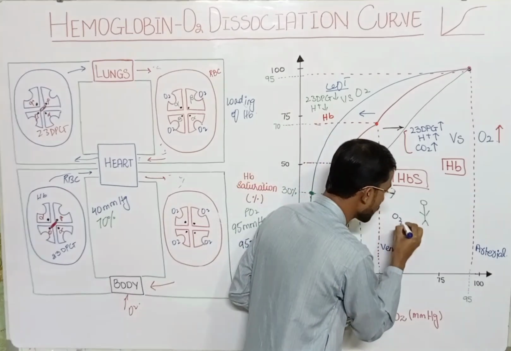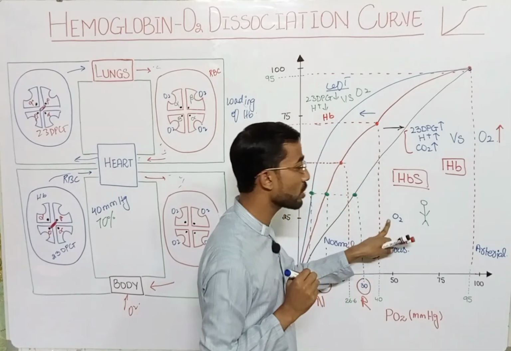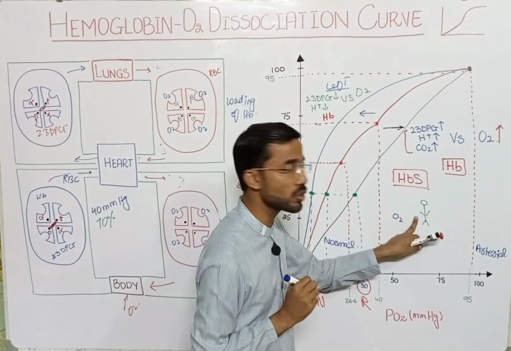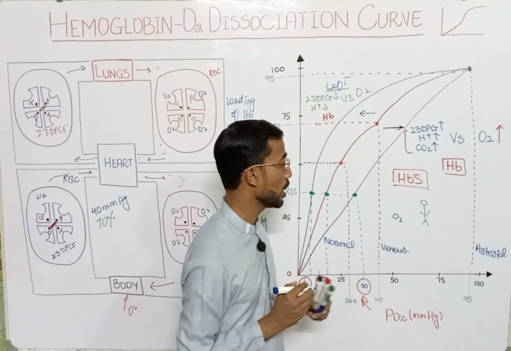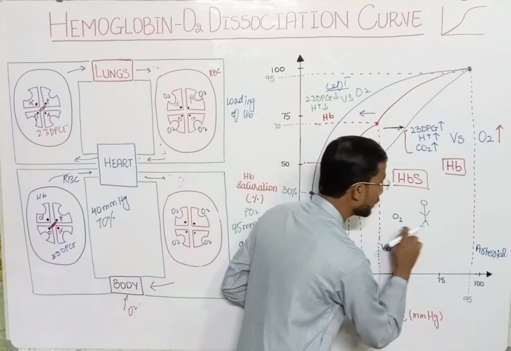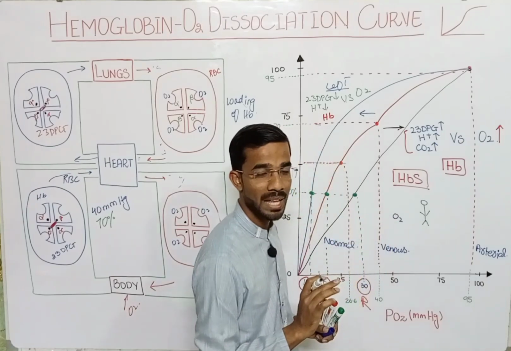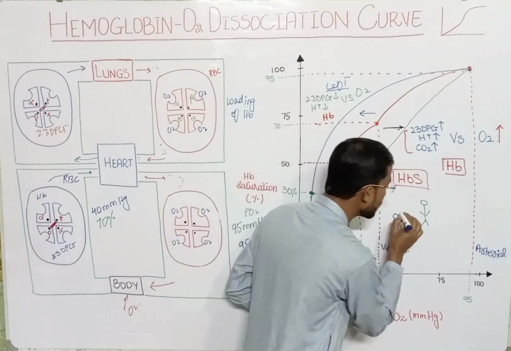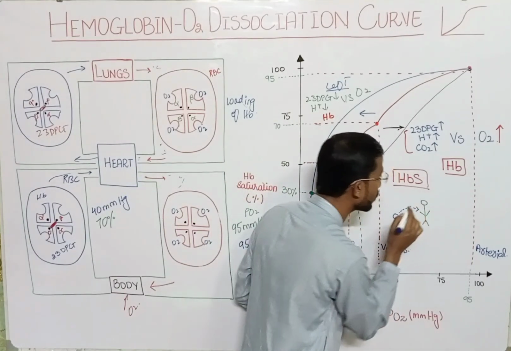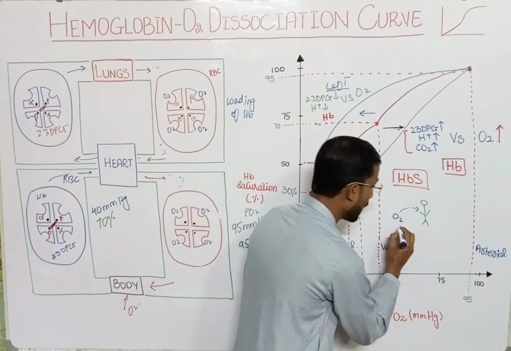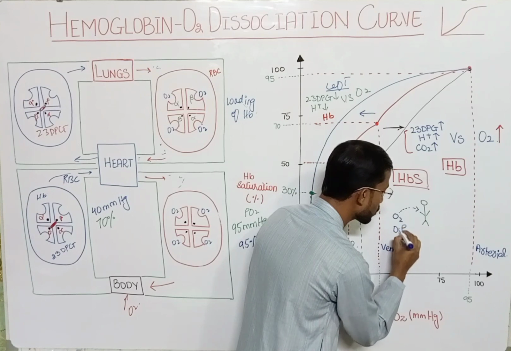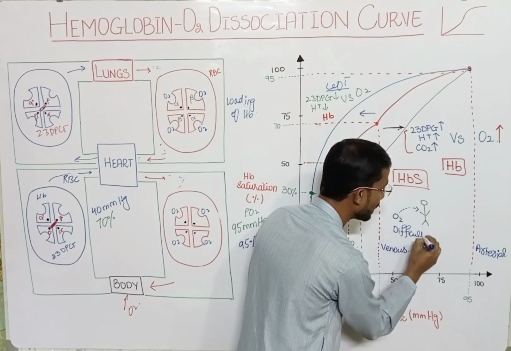If the oxygen comes close to the HbS, then what will happen? They hate each other, so the binding of the oxygen to the hemoglobin S is difficult.